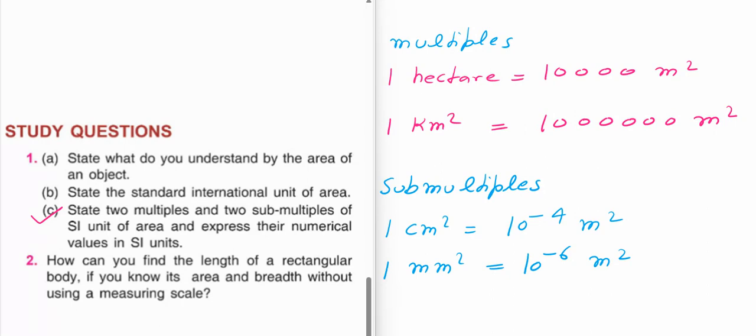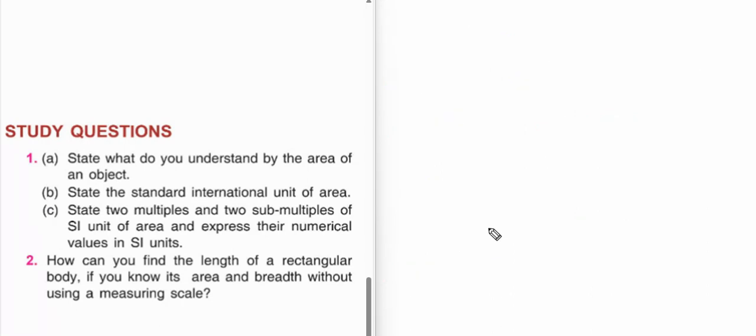Now children, we are solving question number 2. Beta, how can you find the length of a rectangular body if you know its area and breadth? Beta, area and breadth are known. So my dear children, for a rectangle, area equals length into breadth.